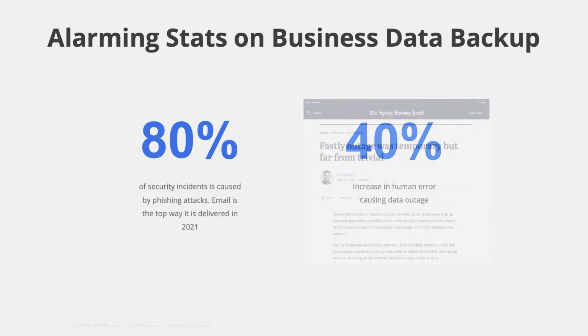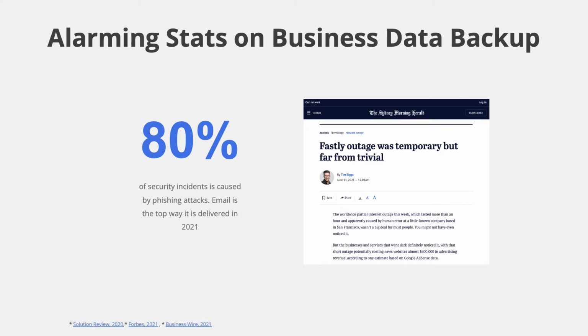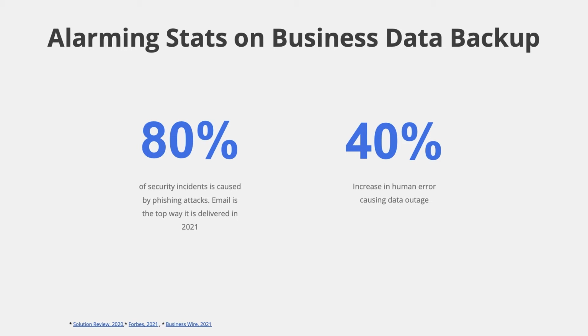Back in June, American cloud computing company Fastly had several of its major websites go down for a few hours due to a simple configuration error, a human error. So from the facts we have collected, it's easy to see why it is so important to have solid backup solutions, so that you can have complete protection from cyber attacks, human errors, hardware failures, and even disasters.